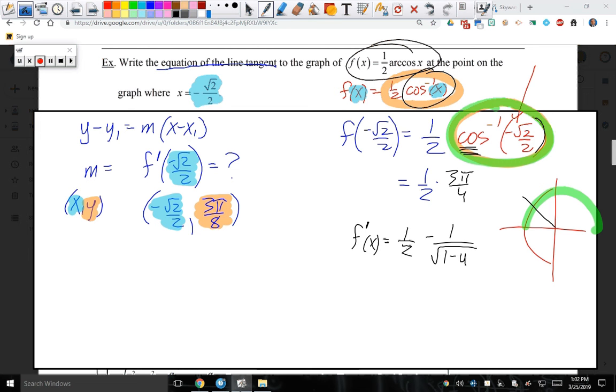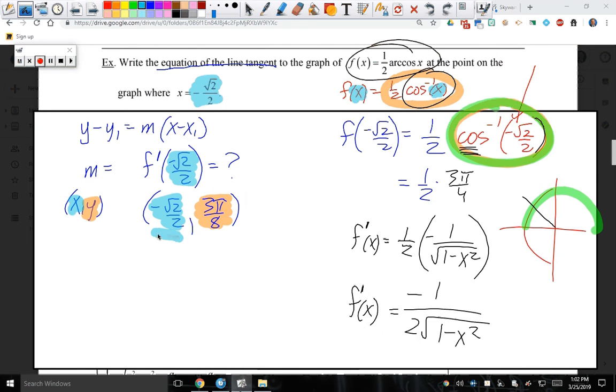Which is x squared times 1. So here's my equation. And if you want to simplify it to this, that's okay. Because what are you going to be plugging into your derivative function? Your at value.